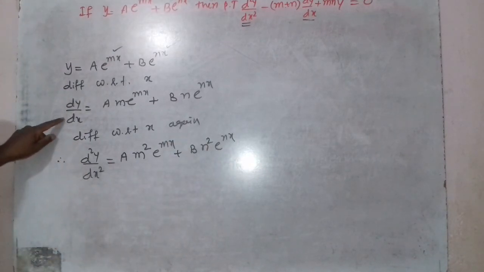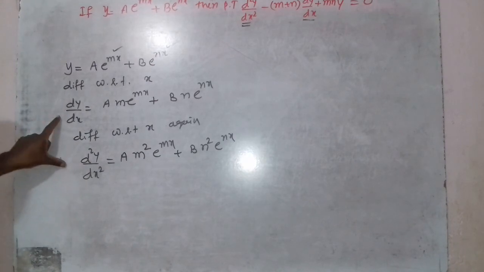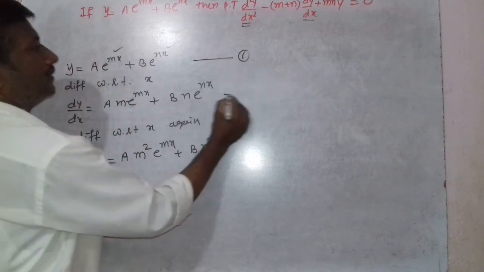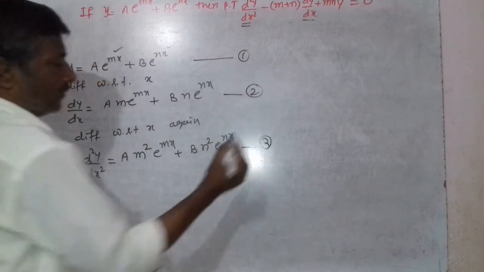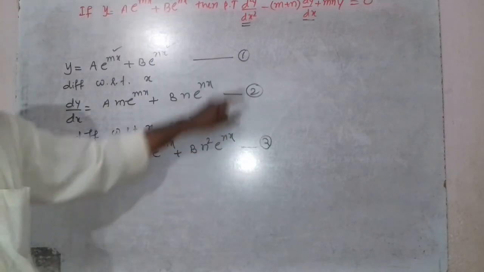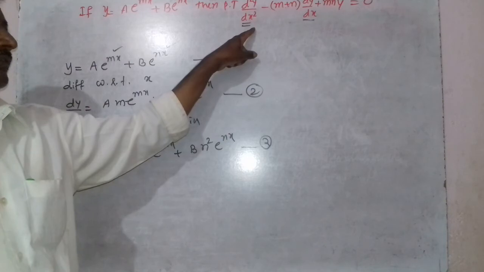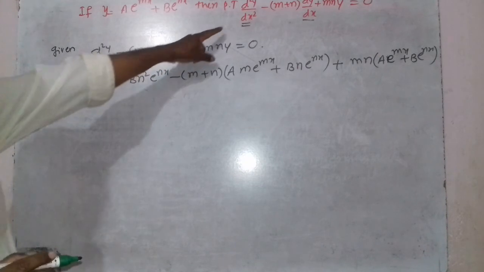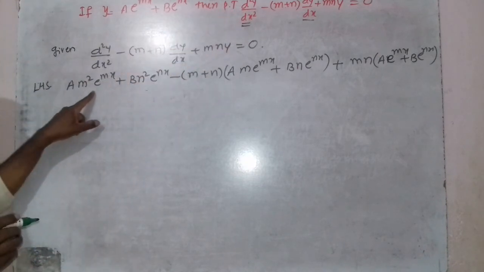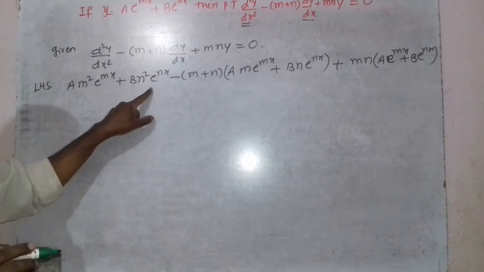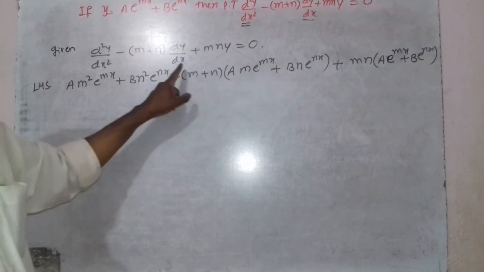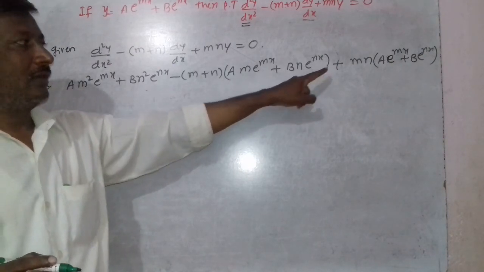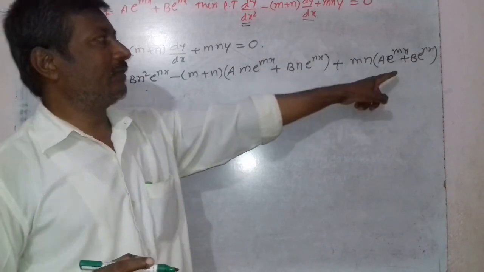Now dy by dx, d square y by dx square, substitute this in this equation. So therefore this is 1, this is 2, this is 3. Substitute all these equations in the given equation. Therefore from 1, 2, 3: d square y by dx square is a m square e raised to mx plus b n square e raised to nx, minus m plus n, from 2, dy by dx is a m e raised to mx plus b n e raised to nx, plus mn y, this is given y.